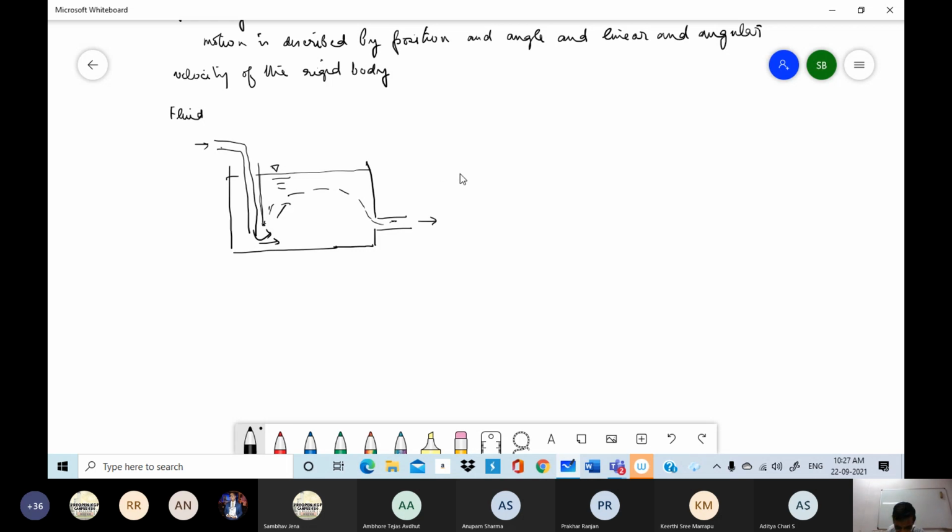If I use Cartesian coordinates, then the x component of the velocity of that tagged particle is this. Similarly, I'll have a y component, and which varies with position and time.